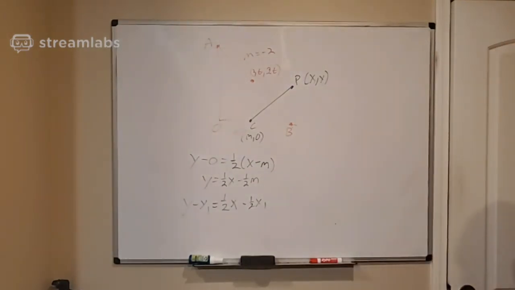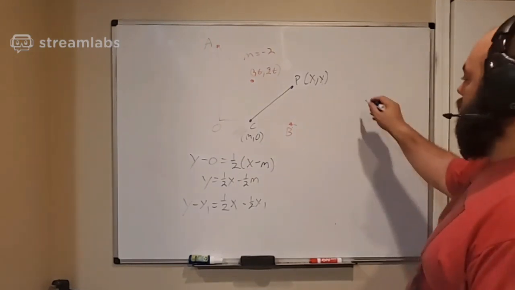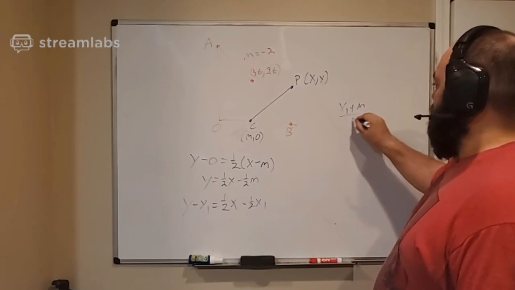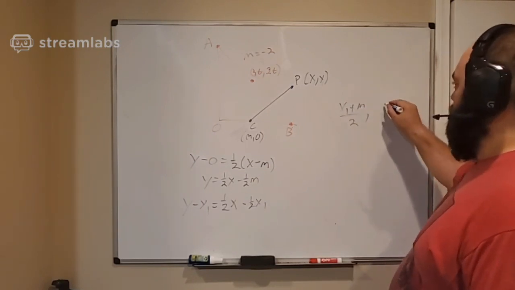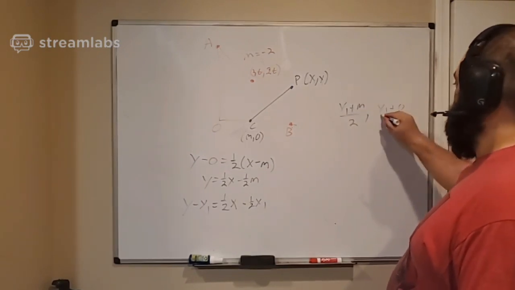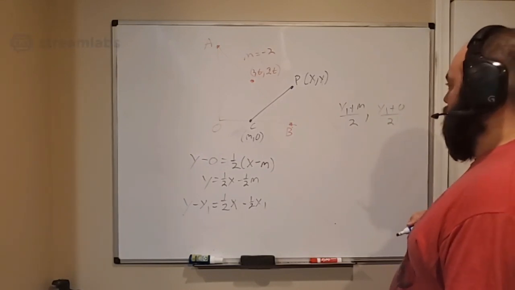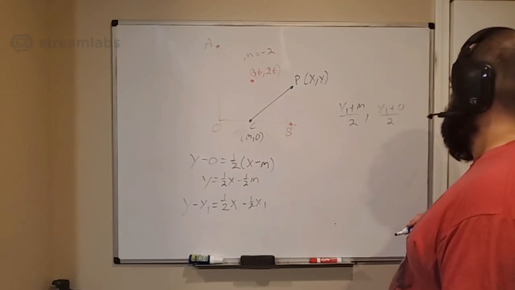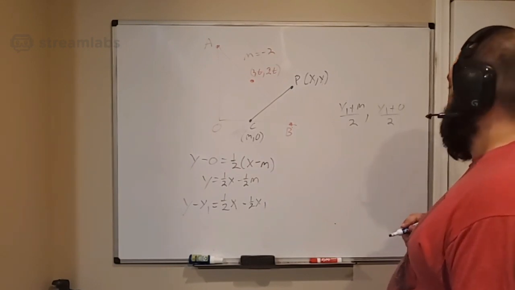So the midpoint will be x1 plus m over 2, comma, y1 plus 0 over 2.